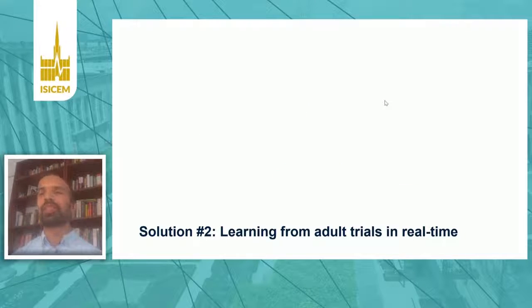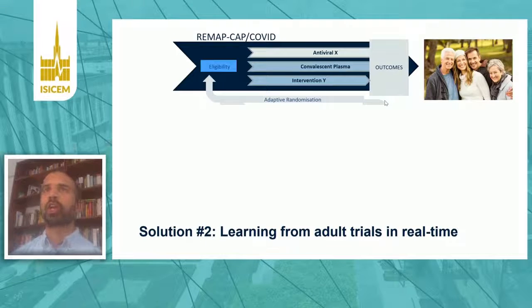The solution number two, and this is more novel, is learning from adult trials in real time. So you may have heard, and prior speakers have spoken about REMAP-CAP or REMAP-COVID, which is an adaptive platform trial that evaluates a number of different interventions simultaneously.